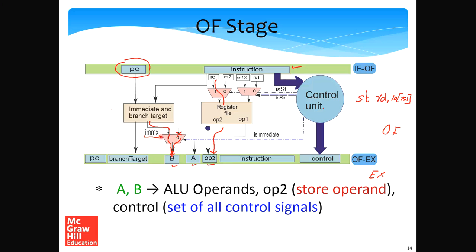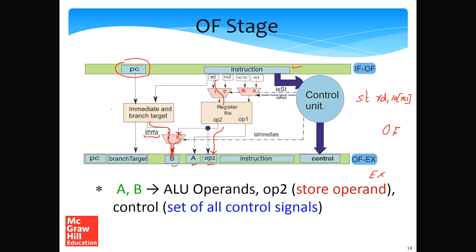So we store the immediate in B, we store the source register in A for a store, and we store the register RD, which actually contains the data that needs to be stored, in OP2. So the contents that need to be stored are stored in OP2, and the rest contain the immediate and the base register respectively. For other instructions, this problem is not there. A contains the first source and B contains the second source. The second source can either be the contents of a register or the immediate.